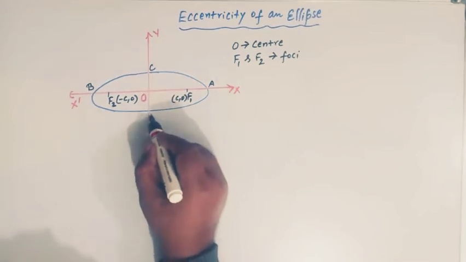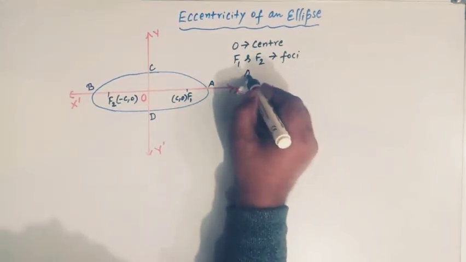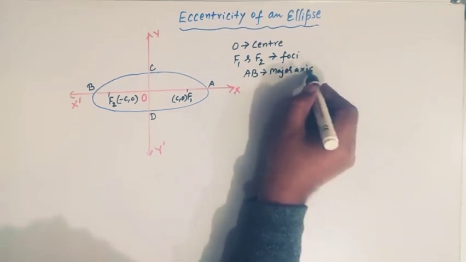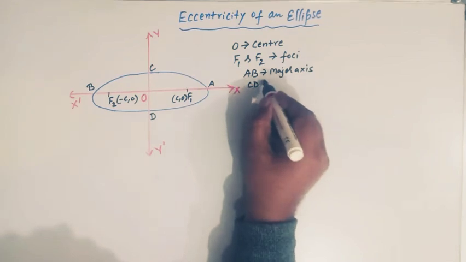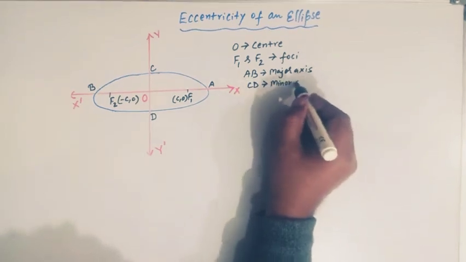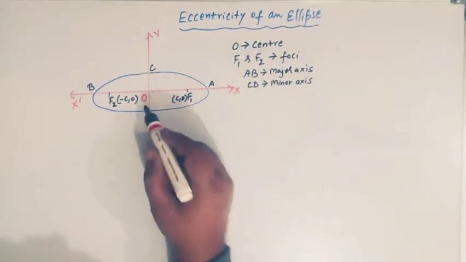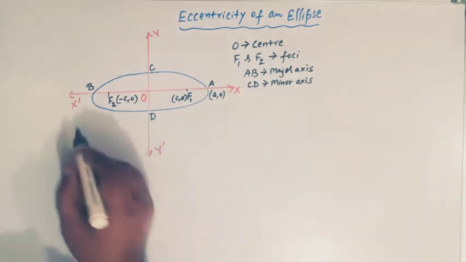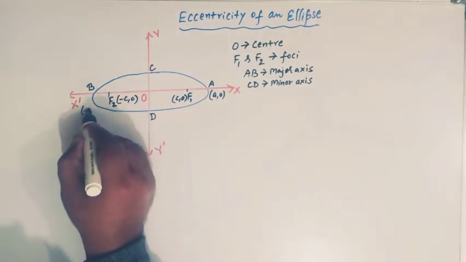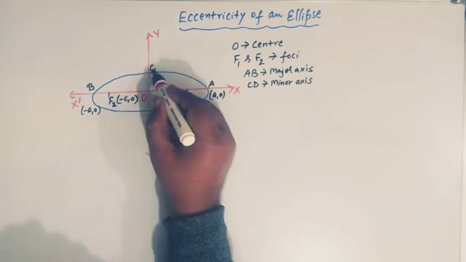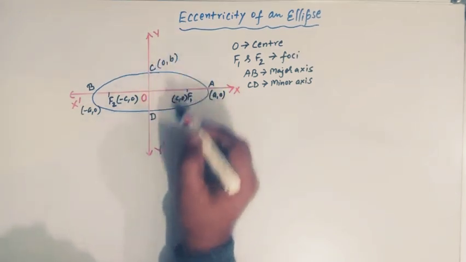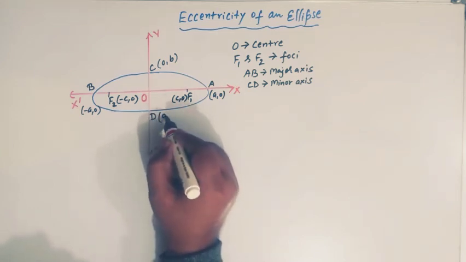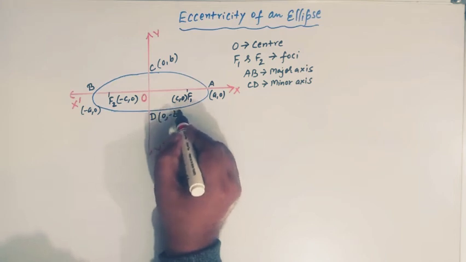This is C and this is D. So AB is called the major axis and CD is called the minor axis, right? And O is the center. The coordinates of A are (a, 0), the coordinates of B are (-a, 0), the coordinates of C are (0, b), and the coordinates of D are (0, -b), right?